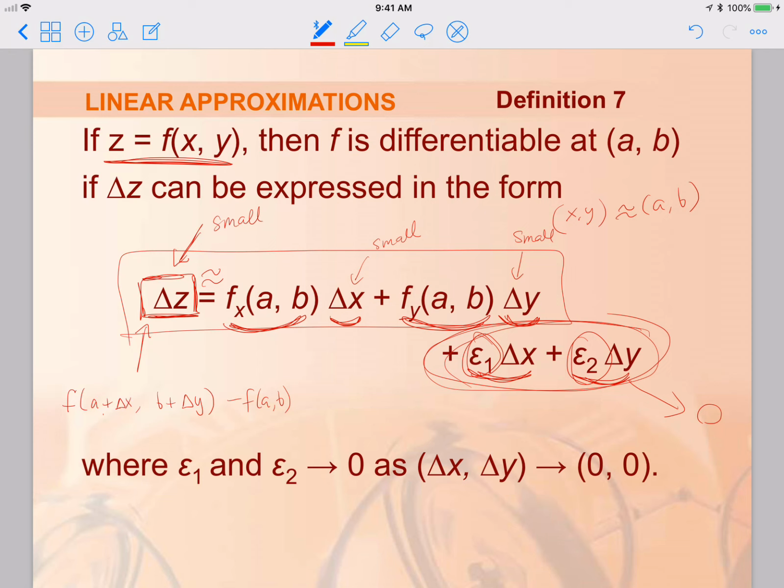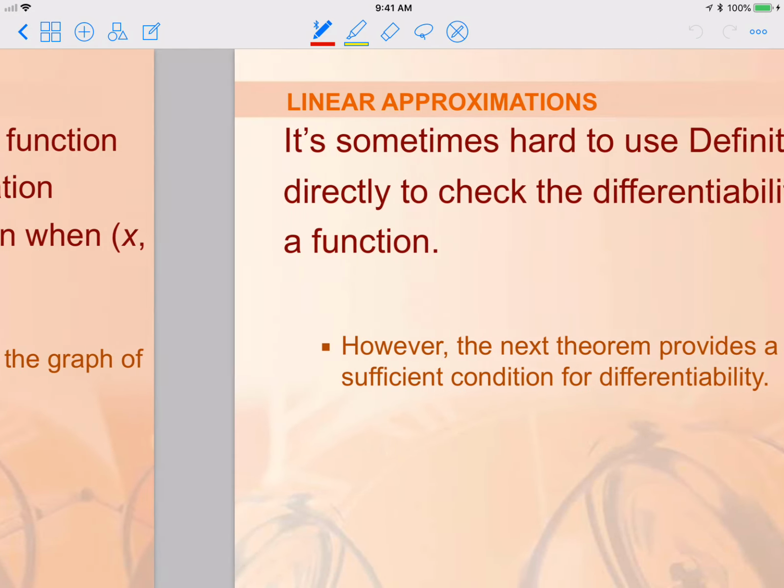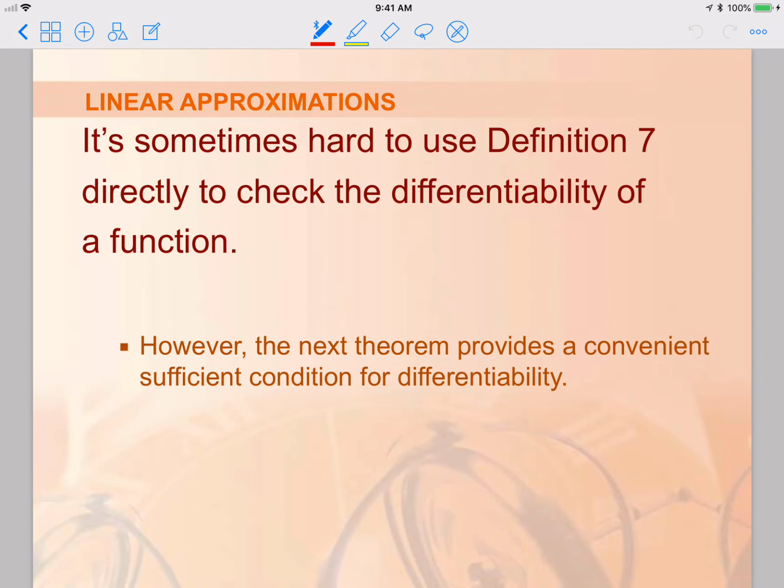Sorry, I'm doing it backwards. So it's the change in the z value when you change the x coordinate and the y coordinate, right? And if this is really small, then that means that these are really close to each other. Okay, so that's what we're doing with this linear approximation.